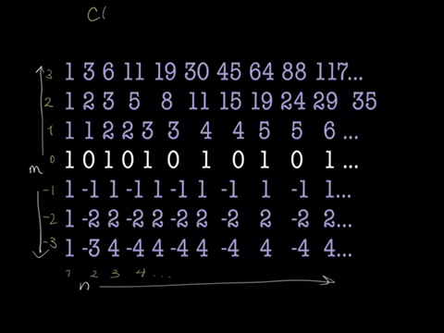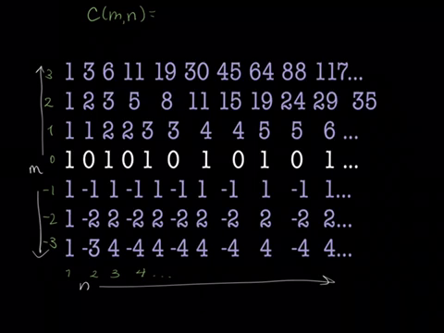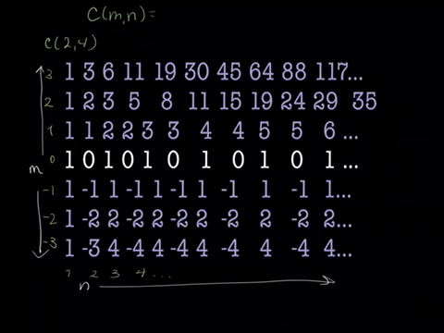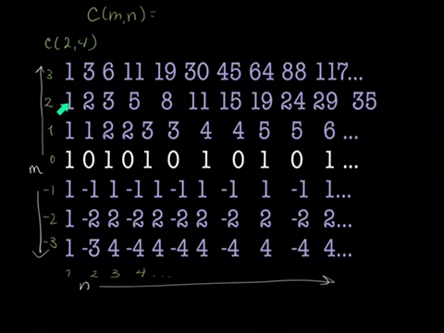Now C_{M,N} is going to give the position of a particular number in this chain. So let's do an example. Let's find out where C_{2,4} is. Well, for C_{2,4}, we need to go to sequence number 2, so 1, 2, and then the 4th position in that sequence, so 1, 2, 3, 4, and that is equal to 5.